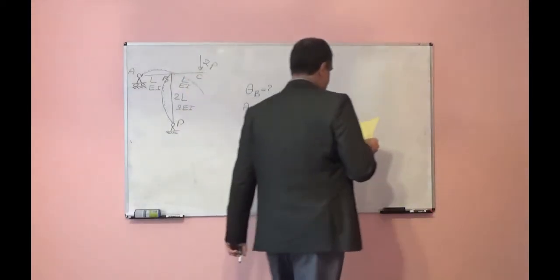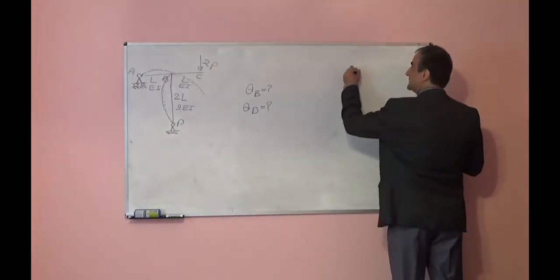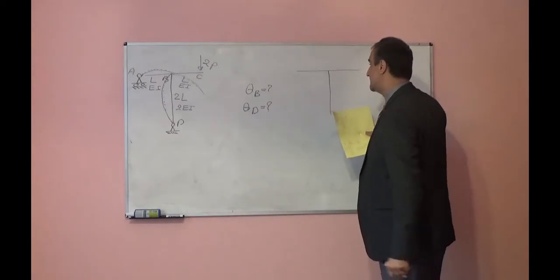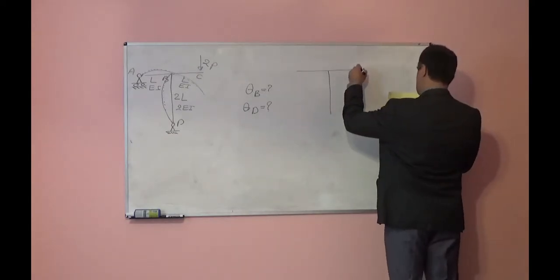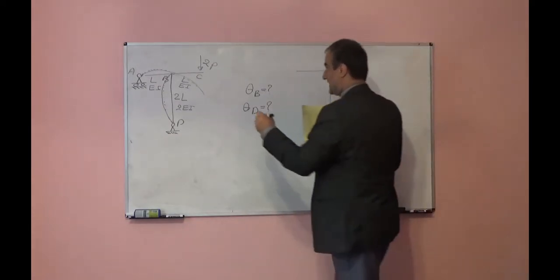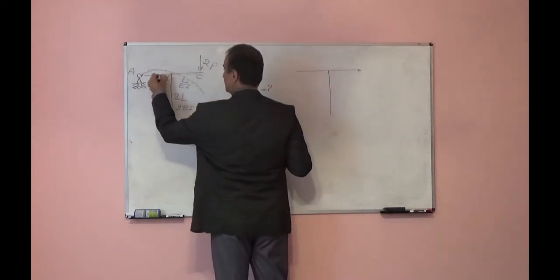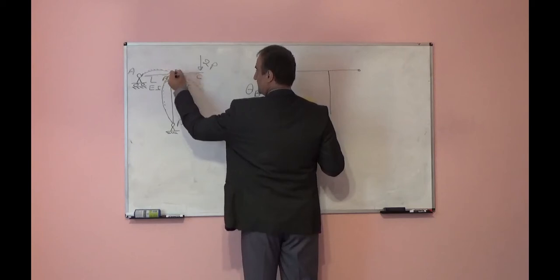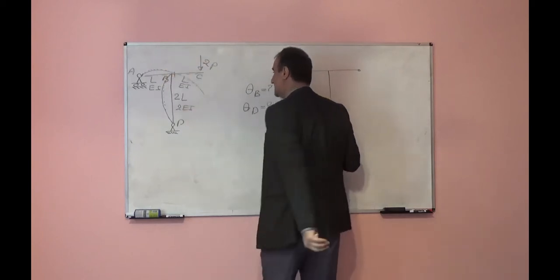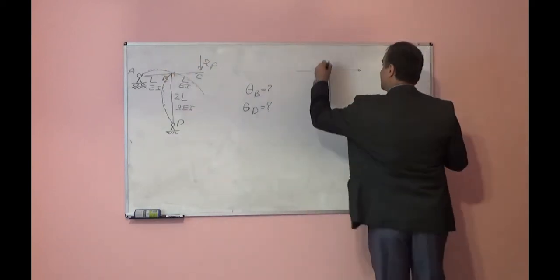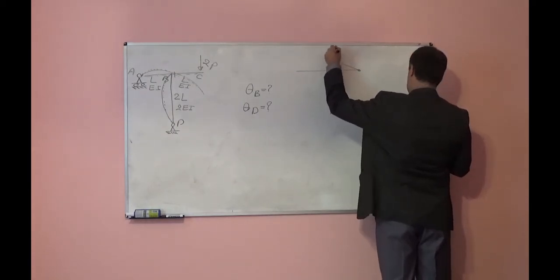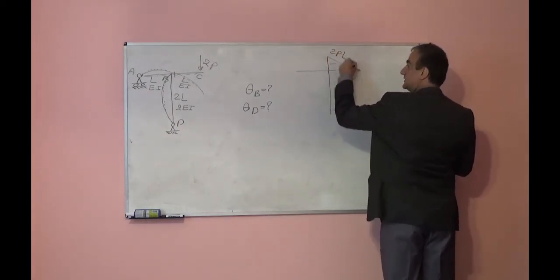First step, I will draw the moment diagram in the real system. Moment at point C is free and it is 0. If I put a dashed line underneath of this beam, for B, if I cut it here, the moment will be 2P times L, and it will create compression underneath. It is negative 2PL.